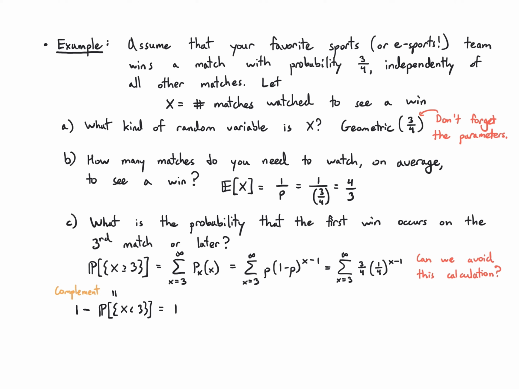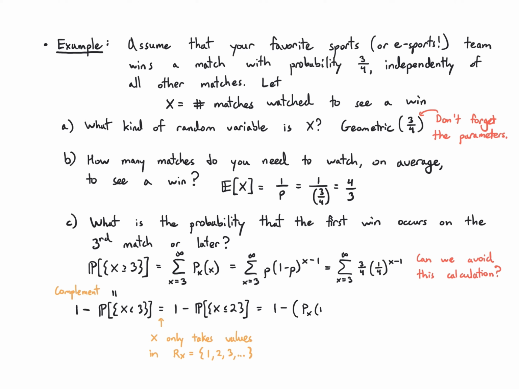So if we look at x greater than or equal to 3 and x less than 3, you can see they are complements, so the complement property can be applied. And now I'm going to work out that this actually means that x is less than or equal to 2, and the reason for that is that in this particular example, x only takes values in its range 1, 2, 3, and so on, right?